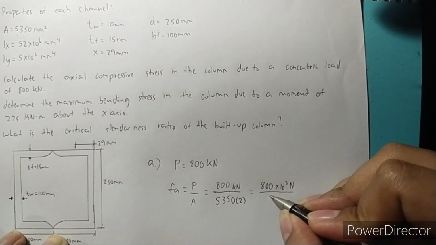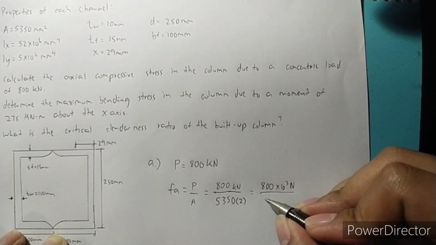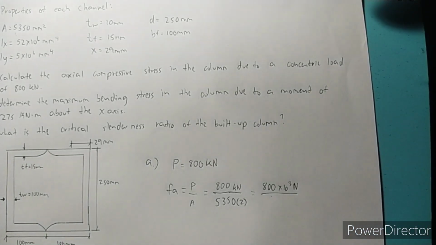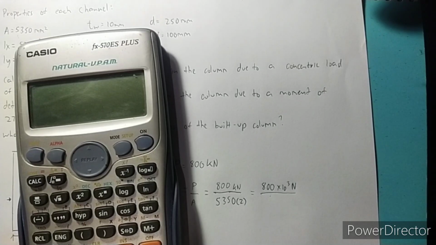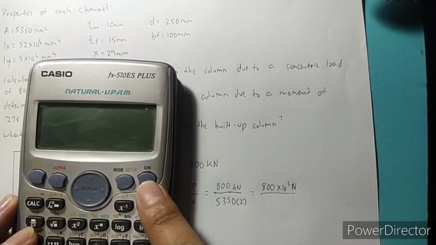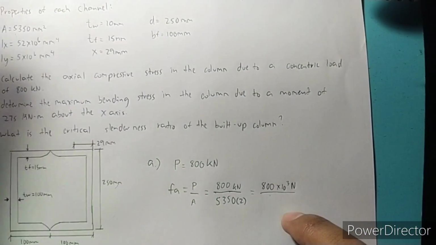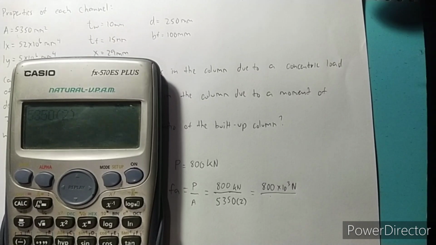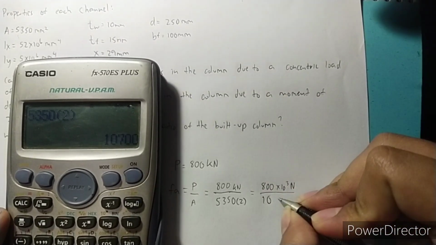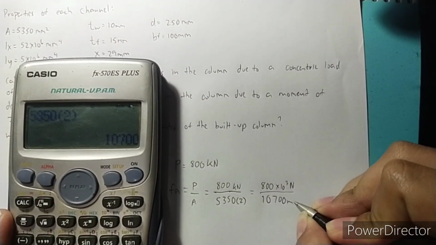So, dito naman, isolve na natin. So, ito, 5,350 times 2. So, meron tayong 10,700 mm².